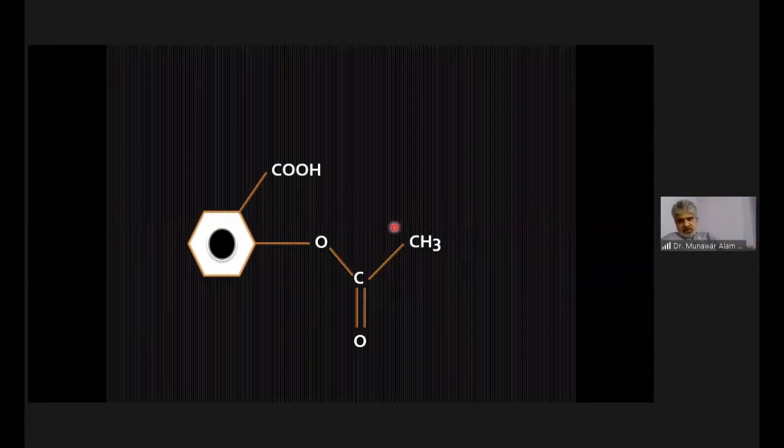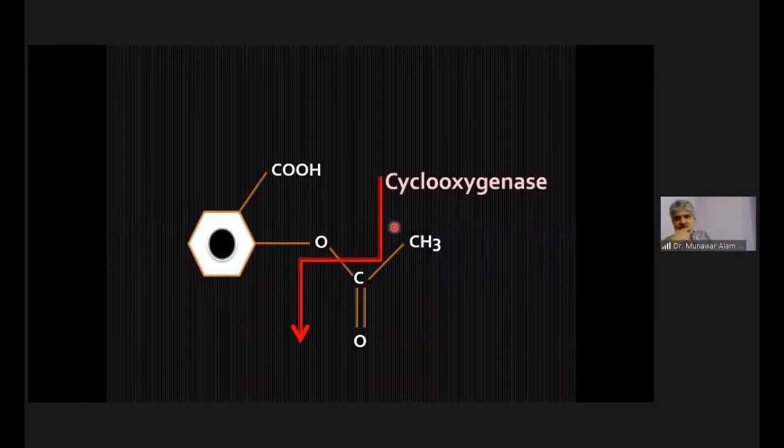That's why we call it chemically acetyl salicylic acid. Now when we prescribe or administer the aspirin, this acetyl group detaches from the aspirin and is attached to the cyclooxygenase enzyme, and we call it the acetylation of the cyclooxygenase enzyme.